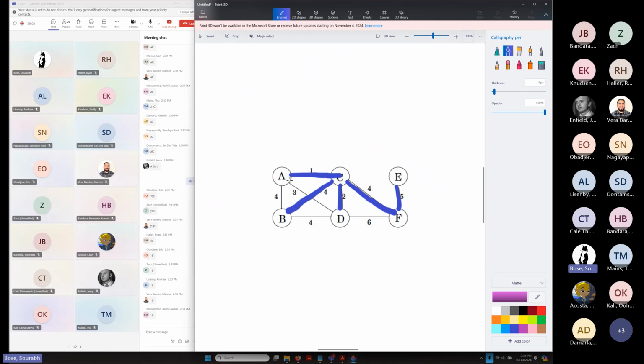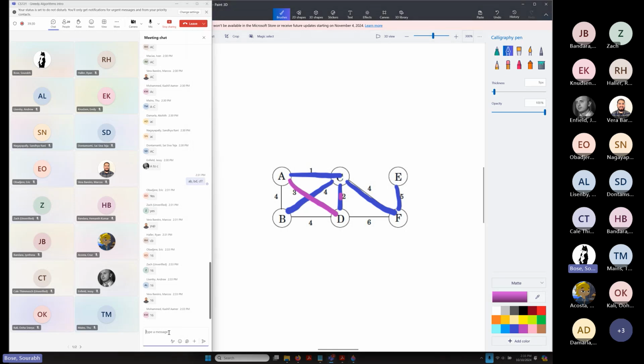What if we added this instead? Well, if we added this, we could remove either this A to C or this C to D. Either way, in order to still keep it connected, we have to remove one of these two. Either way, the cost will go up. It cannot go down. So what would be the cost if I removed this one instead? Let's type out the formula.